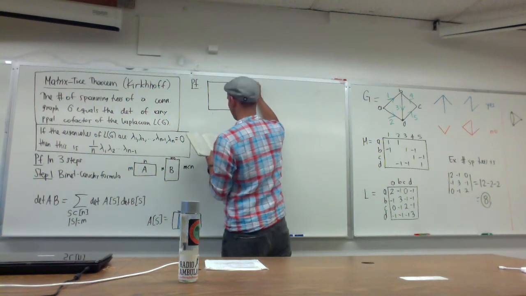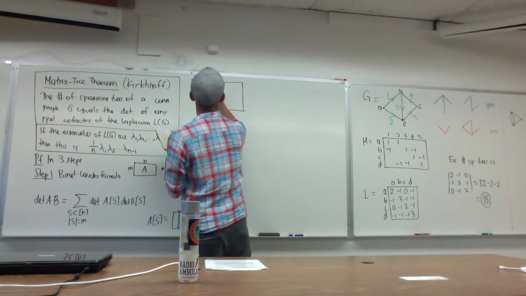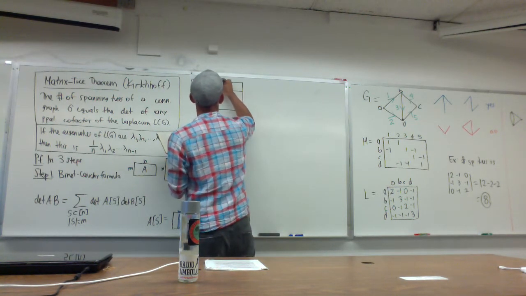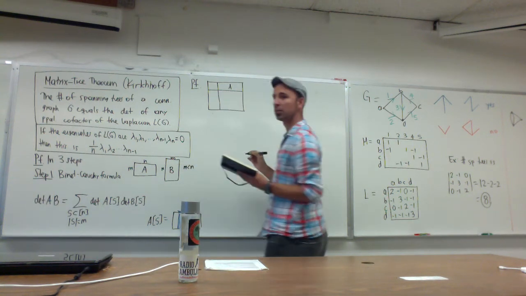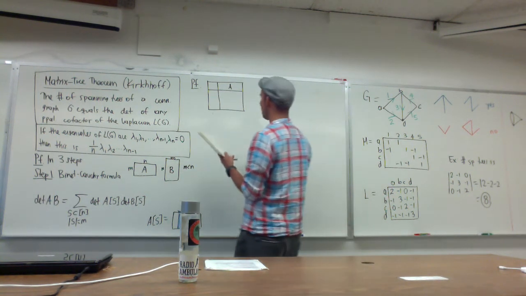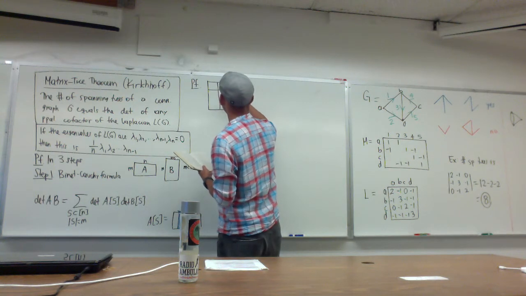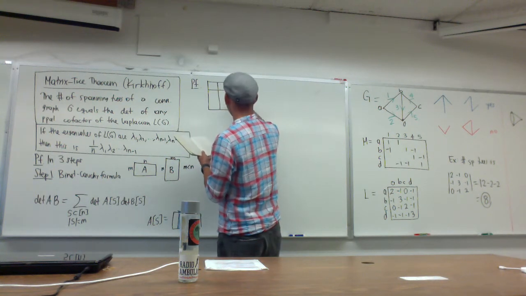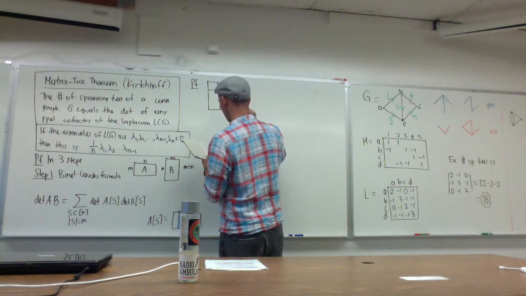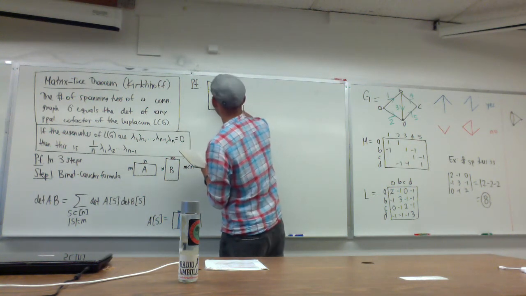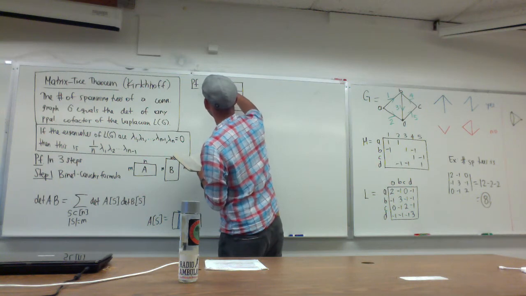I'm going to put my matrix A here. Then I'm going to put an identity matrix here, a zero matrix here, and an identity matrix here.